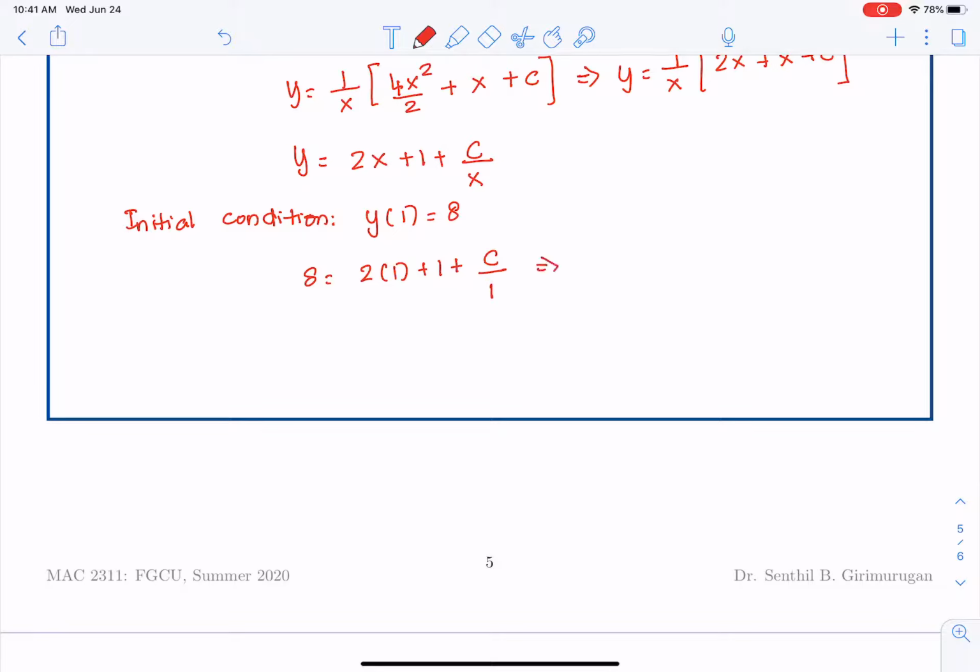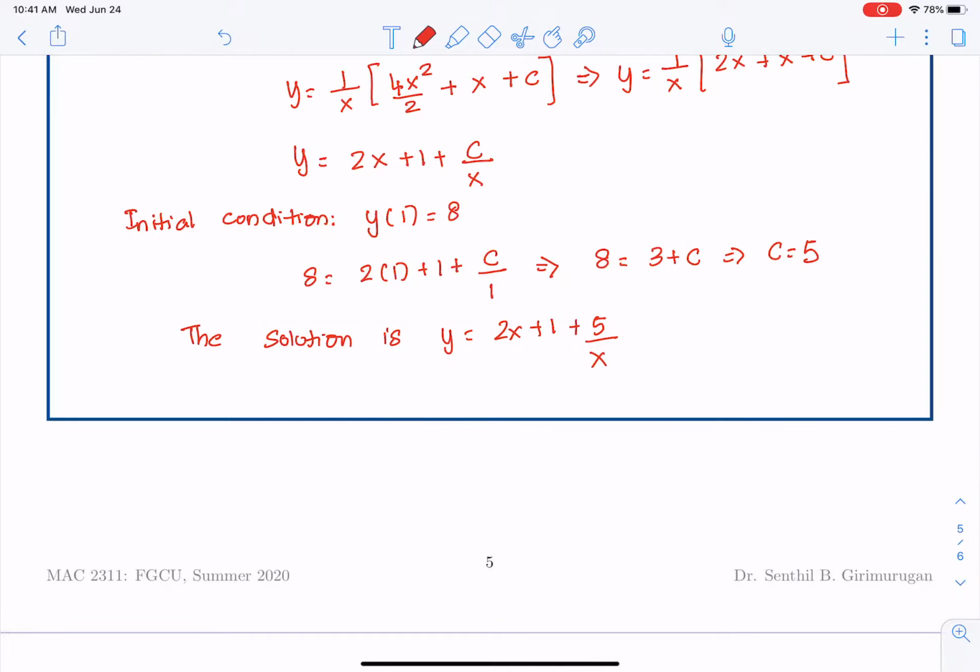So 8 equals 3 plus c, and c would equal 5. So the particular solution is y equals 2x plus 1 plus 5 over x. And you can see that that solution is free of arbitrary parameters.